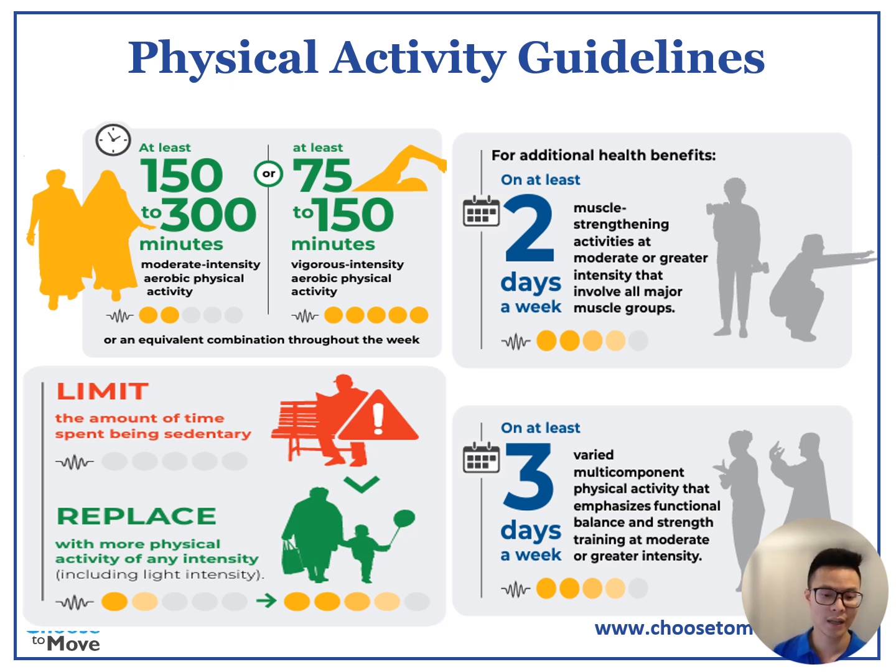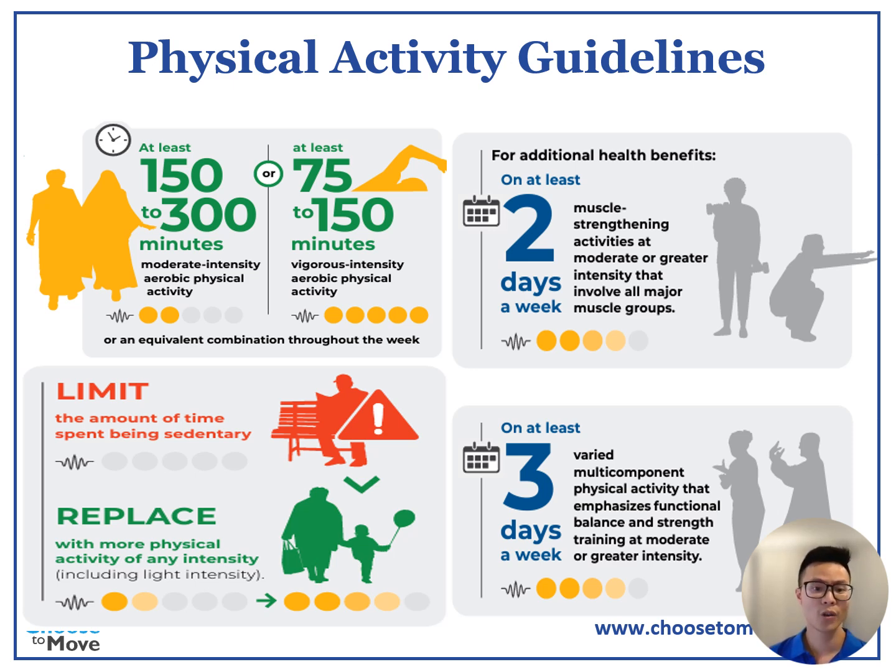Now, if you have a look at the other three boxes that are here on the slide, the WHO recommends that for additional health benefits, older adults should think about performing at least 2 days a week of muscle strengthening activities that involve all their major muscle groups, so things like their leg muscles and their arm muscles.